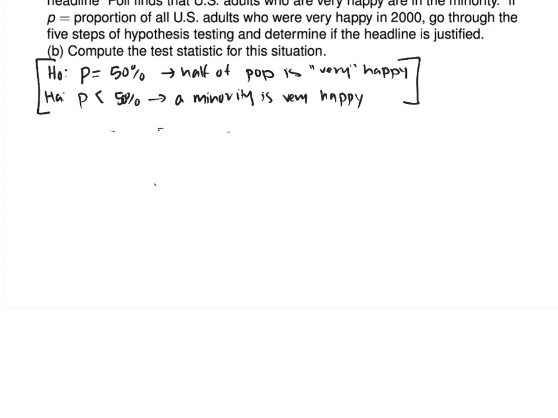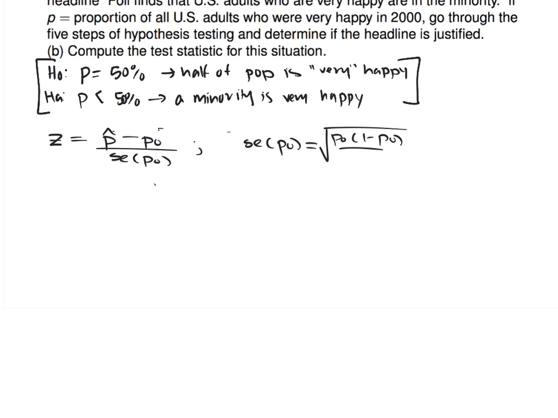Okay, next thing is to find the test statistic. So the test statistic is this z, which is p hat minus p naught over the standard error of p naught. And remember that the standard error of p naught is the square root of p naught times 1 minus p naught over n. So our p naught is 0.5, 1 minus 0.5 is 0.5, over n, which was 1,052.